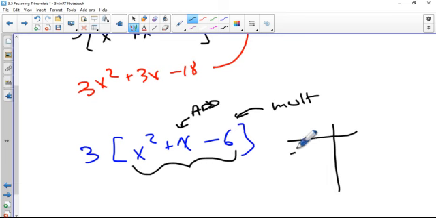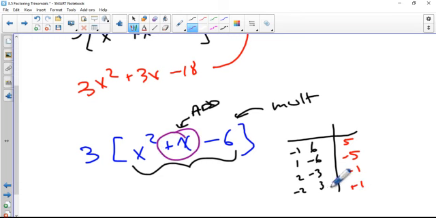So we've got minus 1 and positive 6, plus 1 and minus 6, 2 and minus 3, and minus 2 and plus 3. So these values add to positive 5, minus 1, and positive 1. We are trying to get a plus 1, so we're looking at this bottom one.